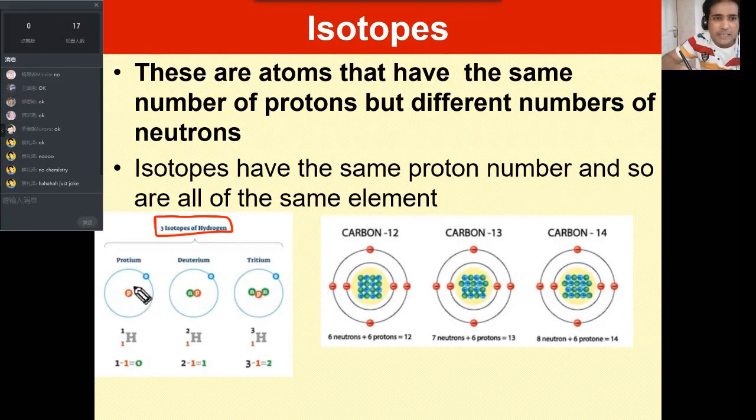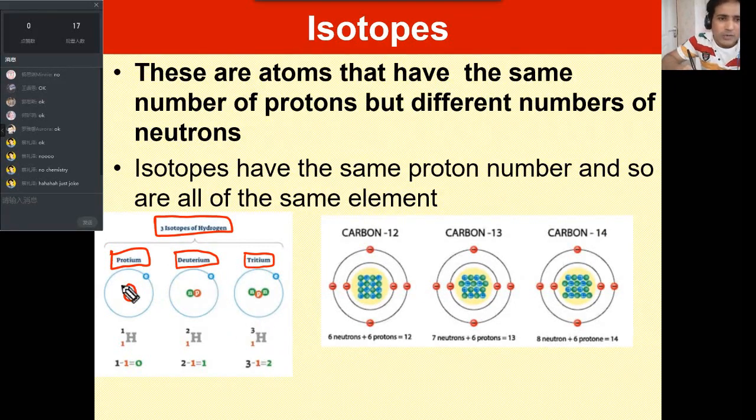First is protium, which has 1 proton, so it has atomic number 1 and mass number 1. Deuterium has 1 neutron and 1 proton, so its proton number is 1 and its mass number is 2. Tritium has 2 neutrons and 1 proton, so its proton number is 1, but its mass number is 3.